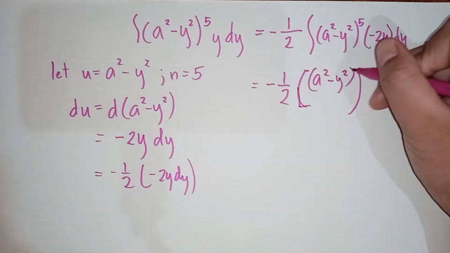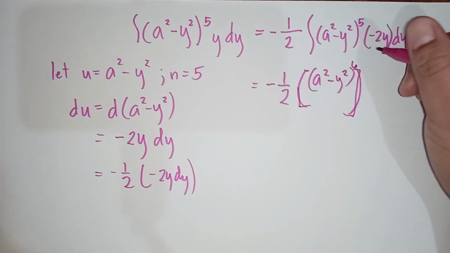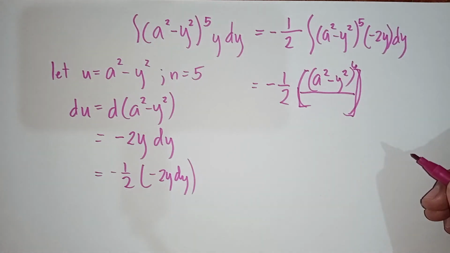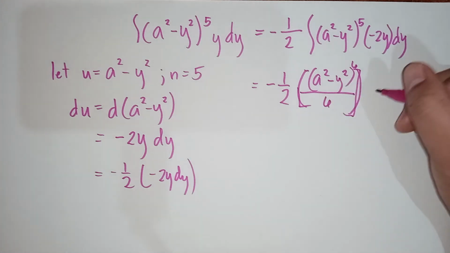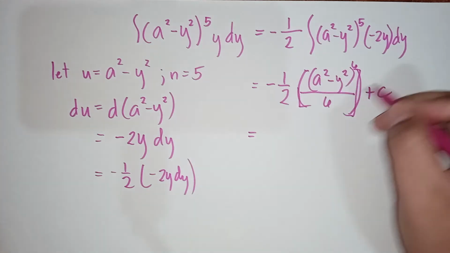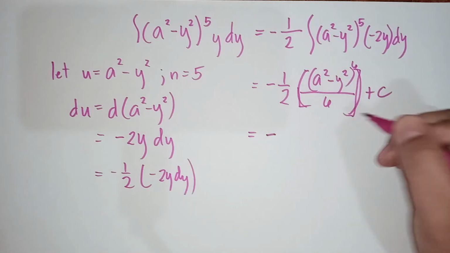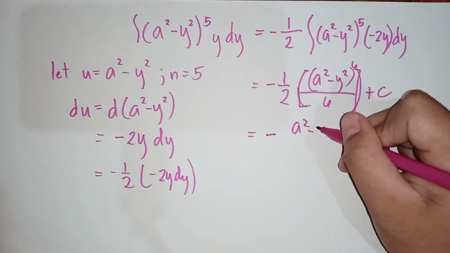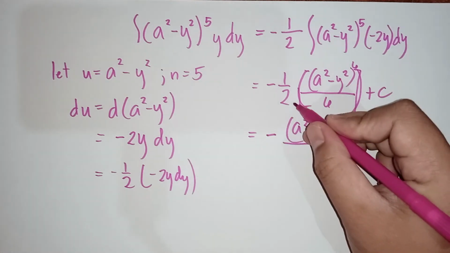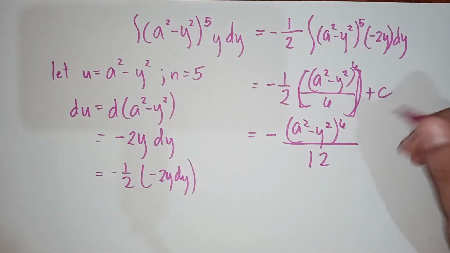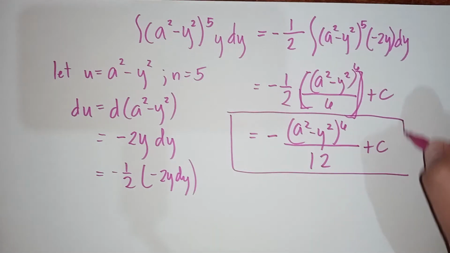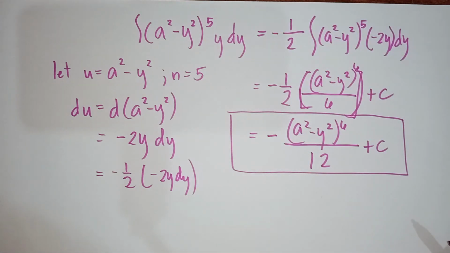Raised to 6 because 5 plus 1 is 6 over 6, okay, plus c. So that is equal to, multiplying this, we have negative of a squared minus y squared quantity raised to 6 over 2 times 6, that is 12 plus c. So eto na po mga boss yung integral ng ating given function.